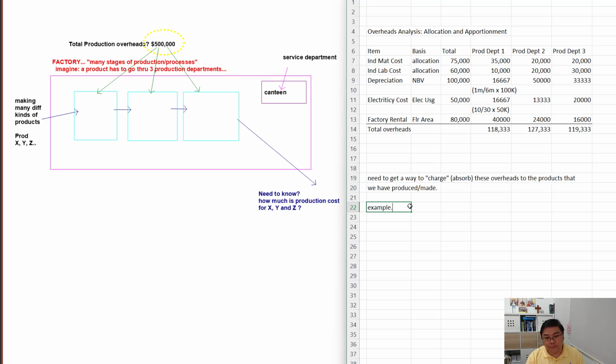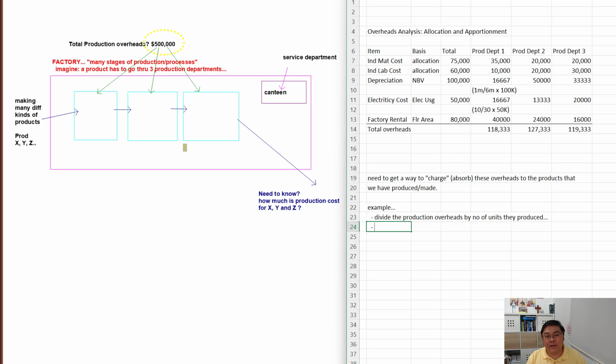For example, we could just divide the production overheads by the number of units produced. But if you're just going to divide by the number of units made, then what's the point of going through all that hassle to distribute overheads into each department? Because at the end of the day, the number of units are the same, you see.